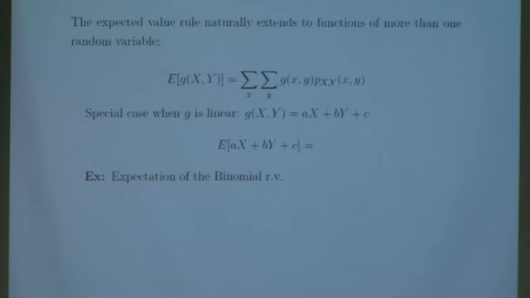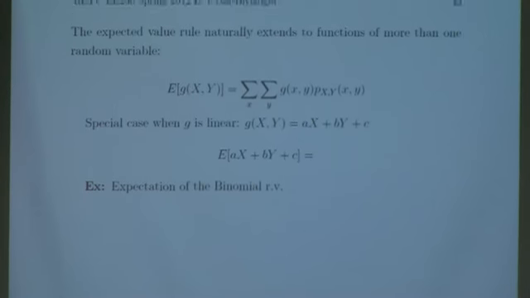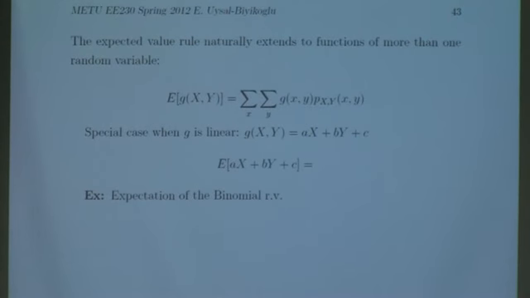What else? Expected value. The expected value rule extends to this case. Expected value of a function of x and y can be found by taking the values of the function, weighing them by the probability masses, and summing over all x and y. Again, nothing but a weighted sum.